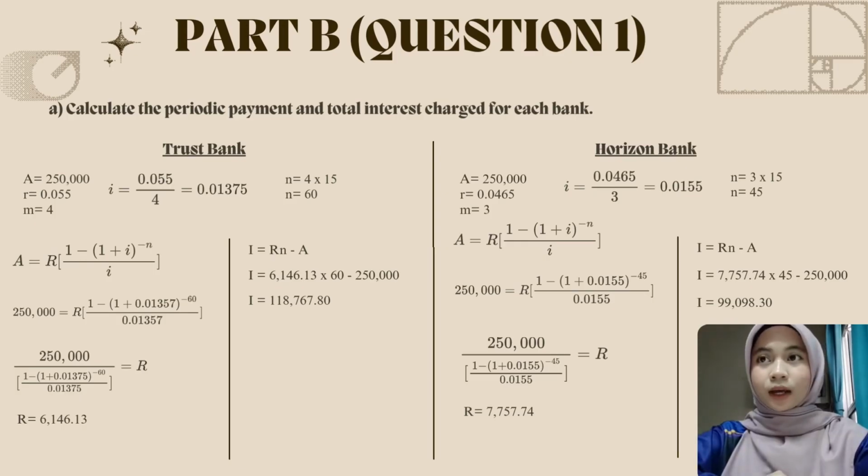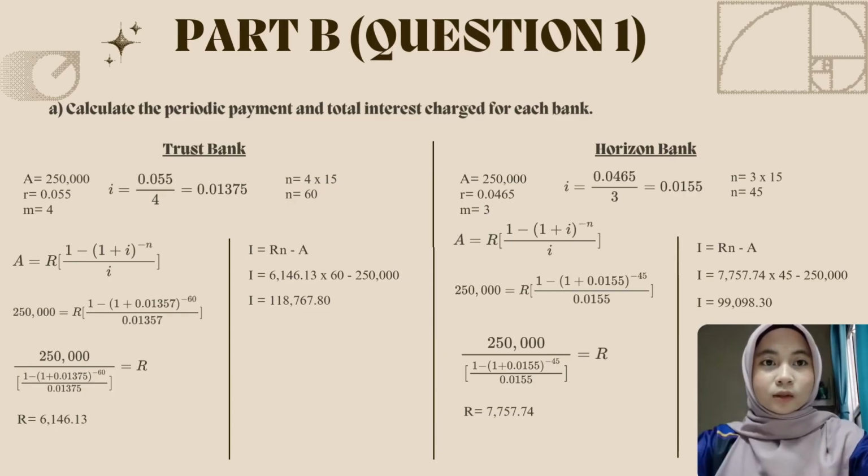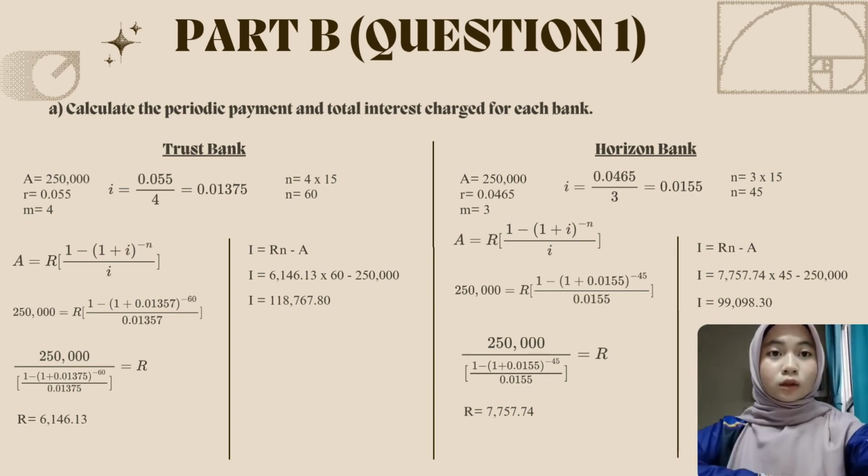A equals R[1 minus (1 plus I)^-N] divided by I. 250,000 equals R[1 minus (1 plus 0.01375)^-60] divided by 0.01375. R equals 250,000 divided by [1 minus (1 plus 0.01375)^-60] divided by 0.01375. So the answer for R is 6,146.13.